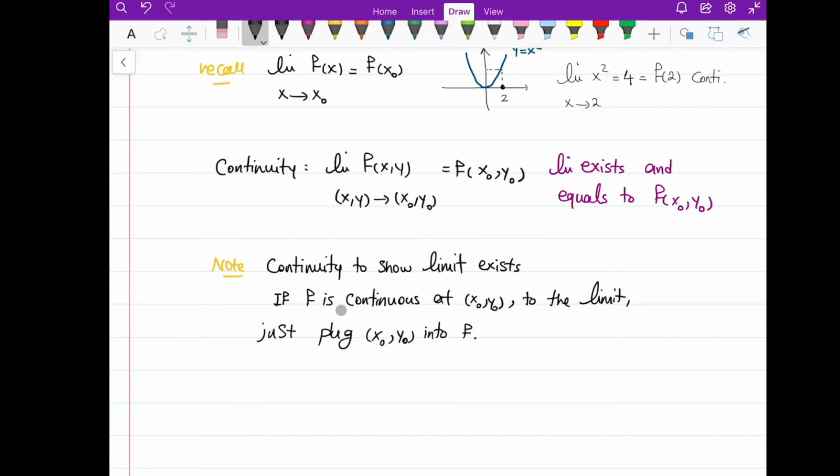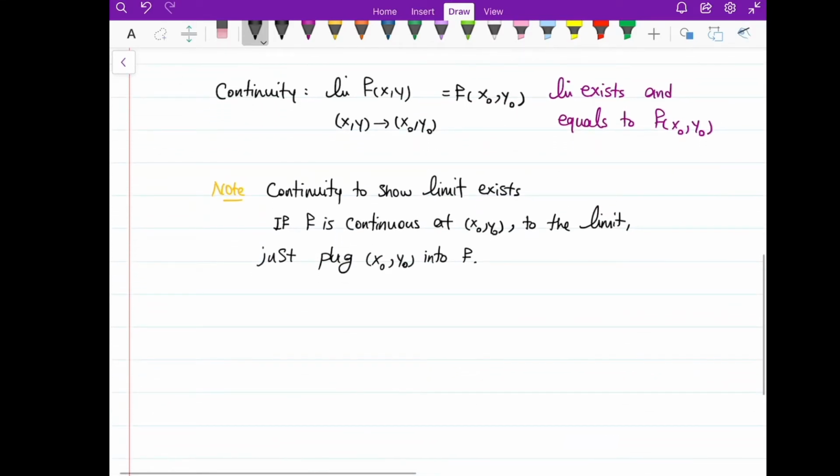So what are the functions that are continuous, so that I can use their continuity to find the limit? The same standard continuous functions in one variable calculus.